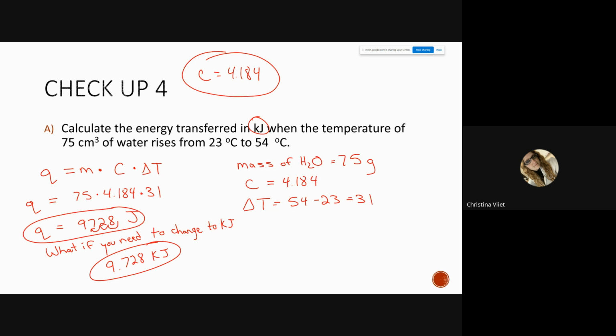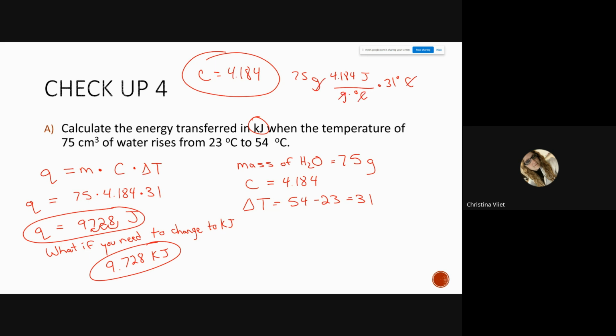Because that's the actual, if I fill out everything, that would be it. Like, it would be 75 grams times 4.184 joules per gram per degree Celsius times 31 degrees Celsius. If I plug in everything, that's what I would plug in. You don't have to do that though. You don't have to write the units as long as you know it ends up being joules. This is to prove that it ends up being joules.